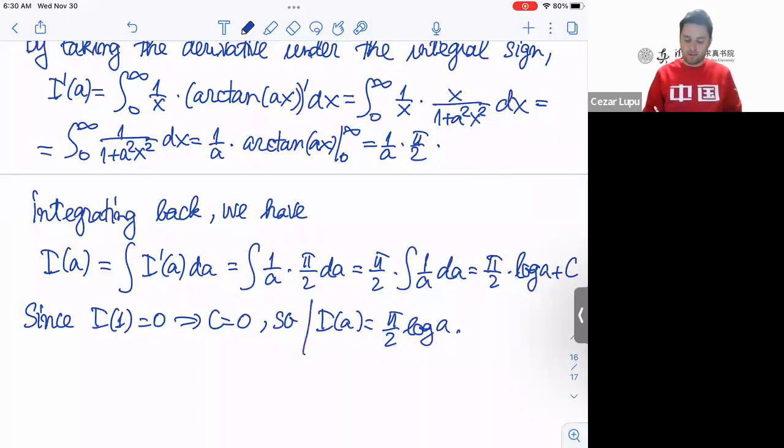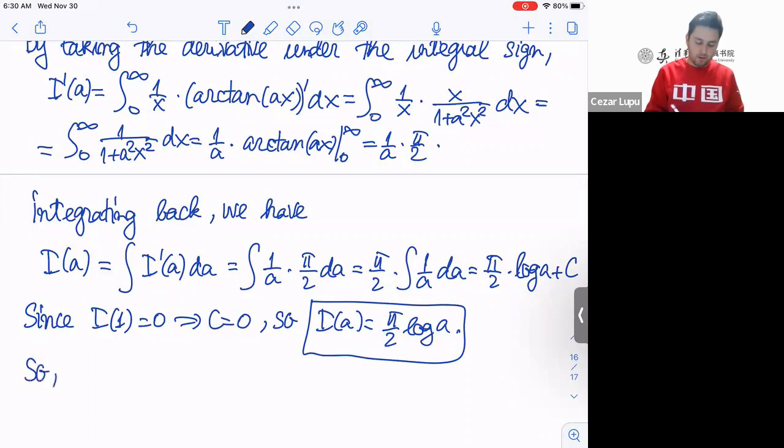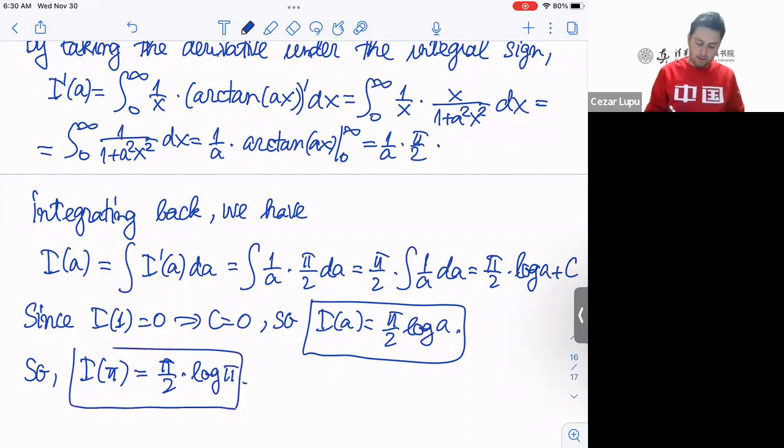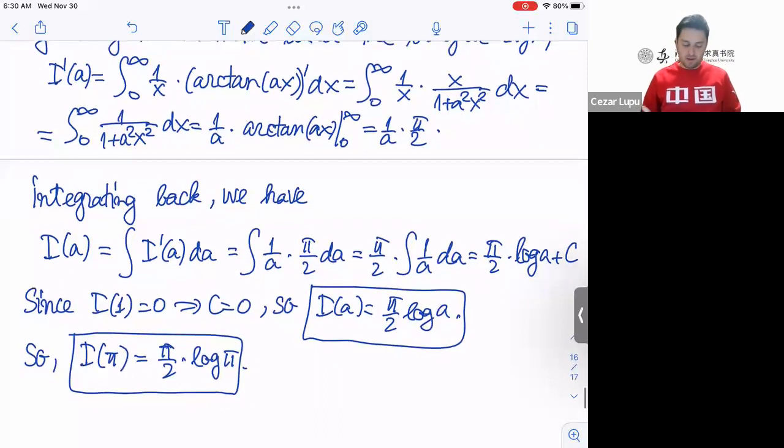Wow, that's great. And now it's pretty clear what's going on. So I of pi is pi over 2 times log of pi. And that's the final answer. As you can see, the Feynman trick just solved this problem immediately.